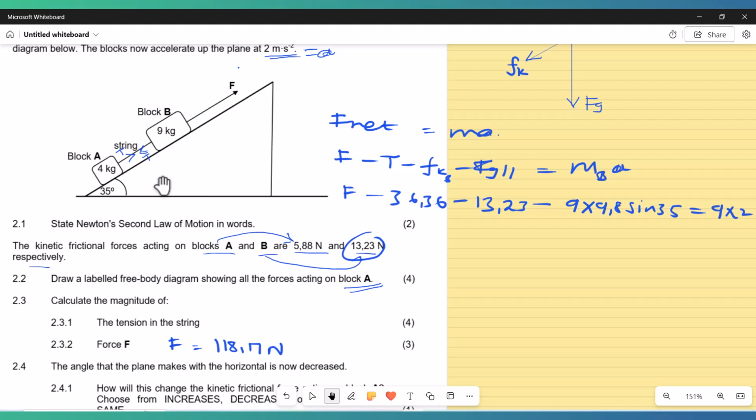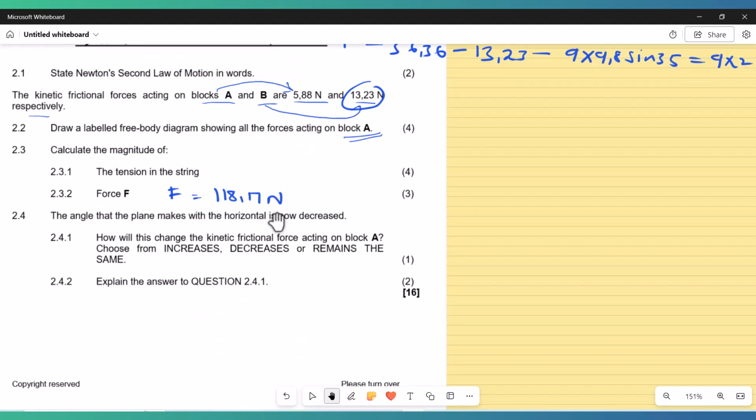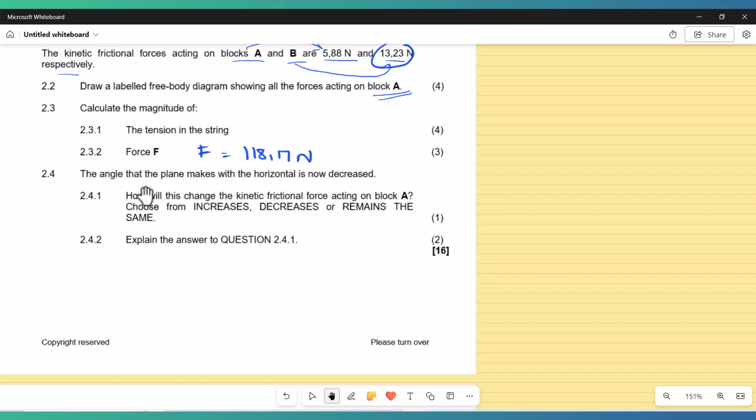Let's continue. They say the angle that the plane makes with the horizontal is now decreased. How will this change the kinetic frictional force acting on block A? Choose from increases, decreases, or remains the same. Explain your answer to show that you did not guess.